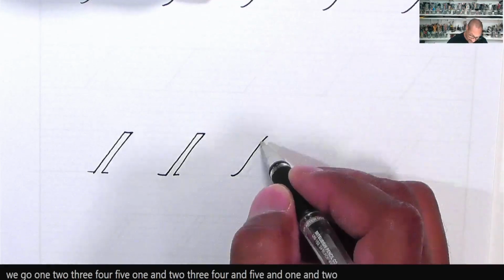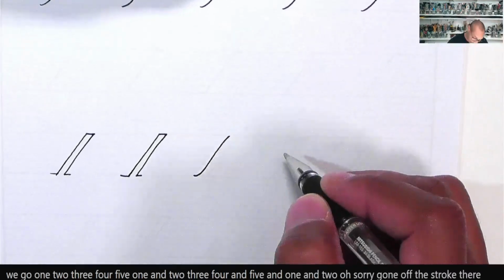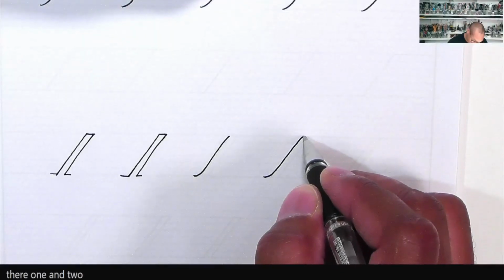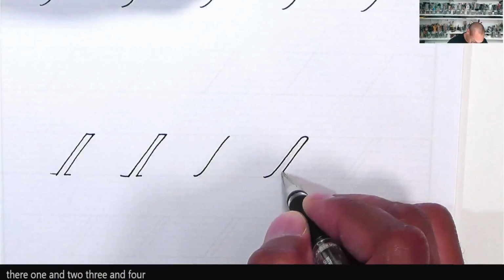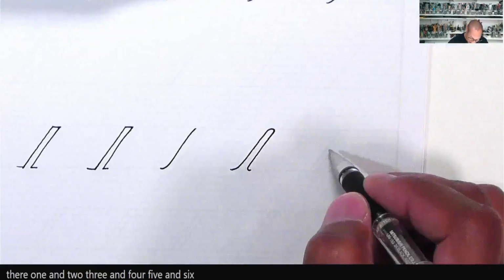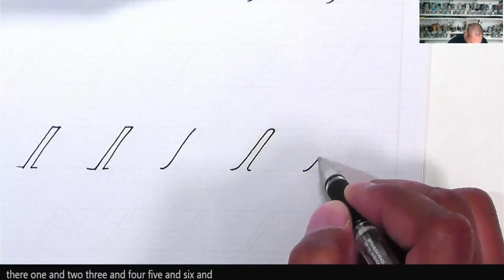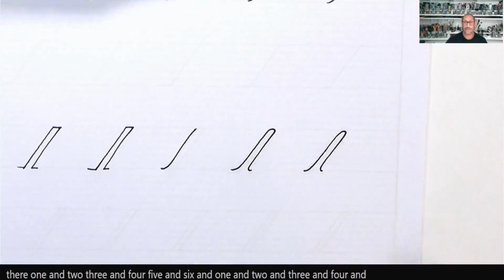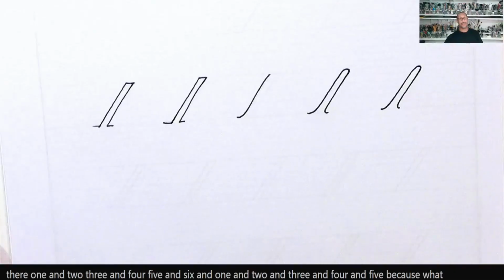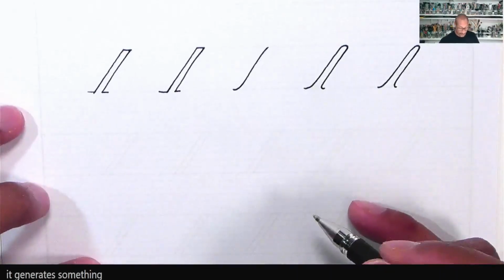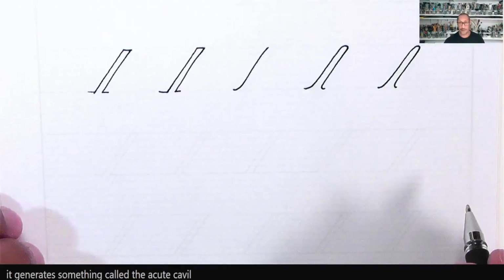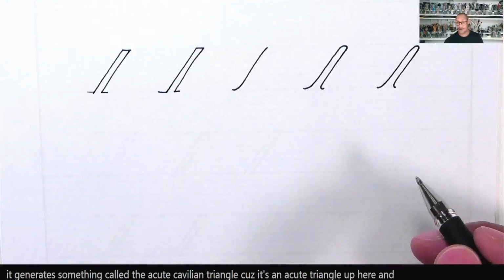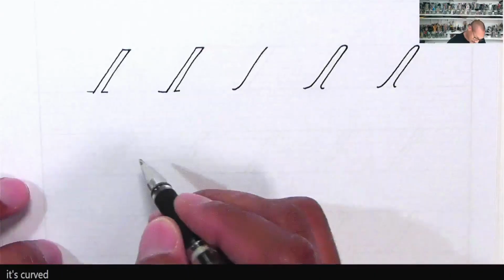Oh, I've gone off the stroke there. 1 and 2, 3 and 4, 5, 6, and 1 and 2 and 3 and 4 and 5. Because what this does is it generates something called the acute curvilinear triangle. Because it's an acute triangle up here, and it's curvilinear because it's curved.